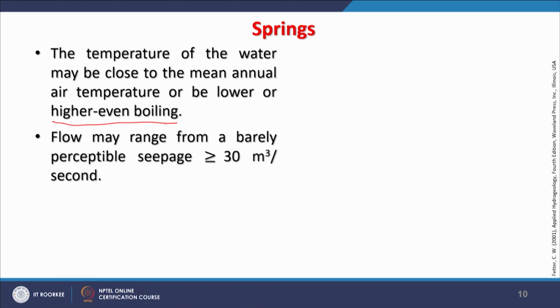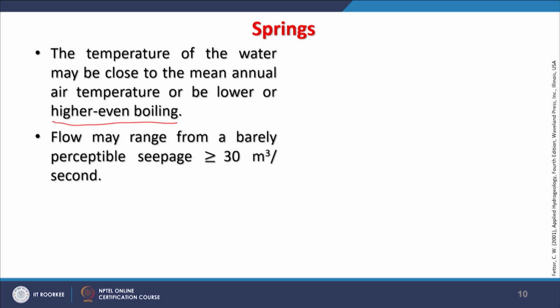And I will also show you a little later, maybe in this discussion or in a future discussion, that there are many sites in India where the water which comes out of these springs is really boiling water. People cook rice and lentils and other things there.